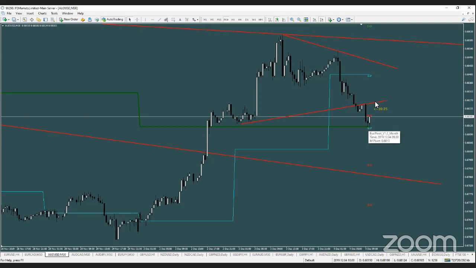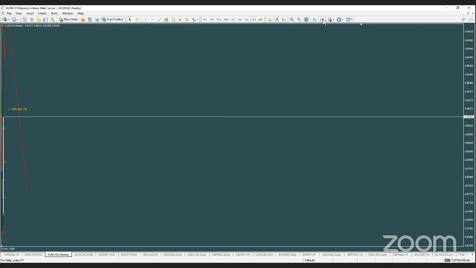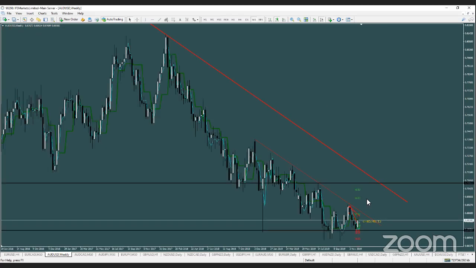If that were the case, then I think I would have to consider the long, remembering that my medium-term scenario on this cross is to hit this level at some stage. That could be the middle of January. So I'm not saying now. It could well be the middle of January. What does that look like?